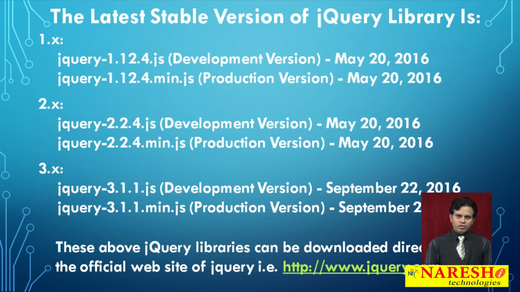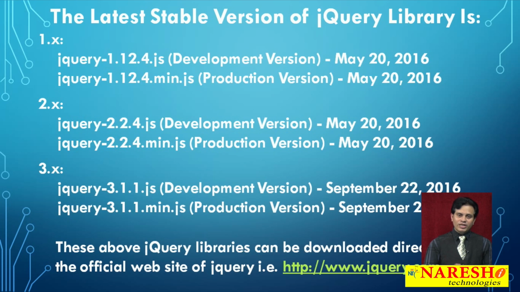And the next edition, available as 3.x, is also called the next generation, with lots more functionality compared to the 1.x and 2.x editions. 3.1.1 is the latest one. Before that, 3.1.0 was already there, but the latest stable version is jQuery-3.1.1.js, a development version released 2 months back, on September 22, 2016.